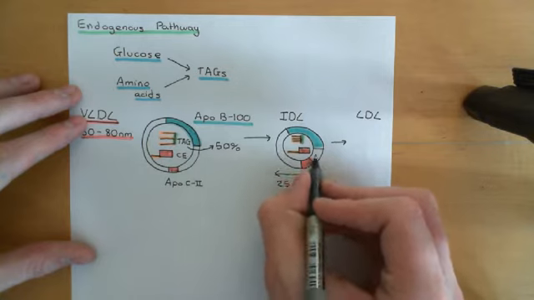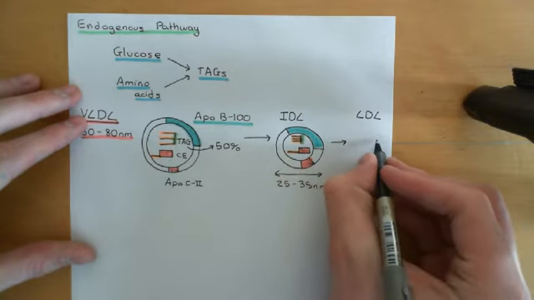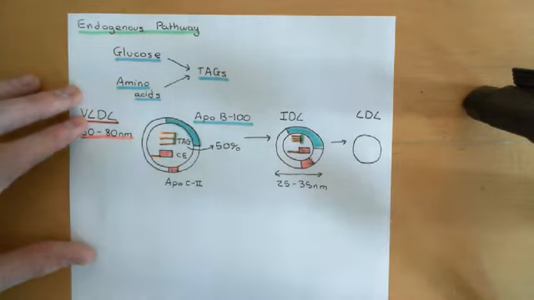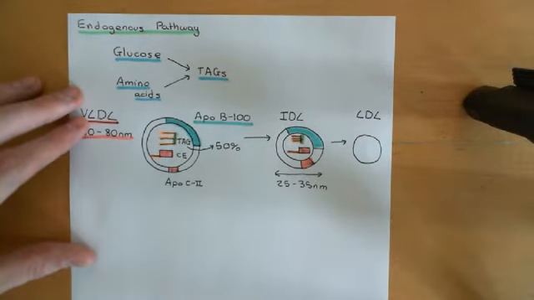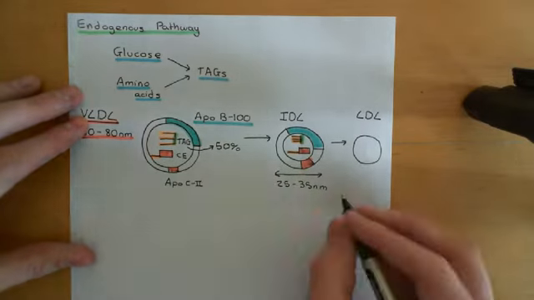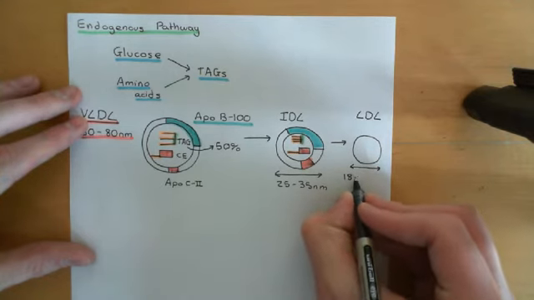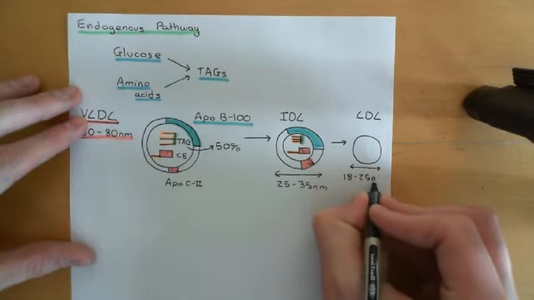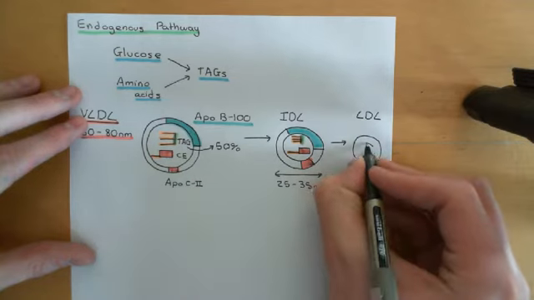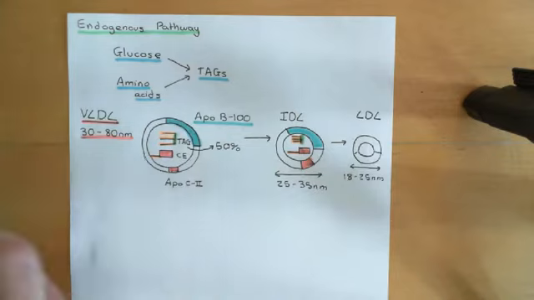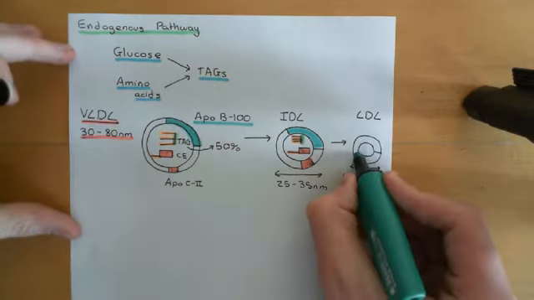You can lose more phospholipids, more apolipoproteins, and then you'll shrink down to this smaller particle, the LDL particle down here, which has a diameter between 18 and 25 nanometers. Now the only apolipoprotein left is apolipoprotein B100, which dominates the LDL particle.